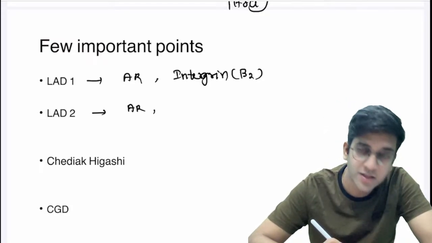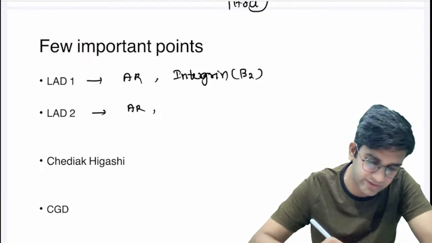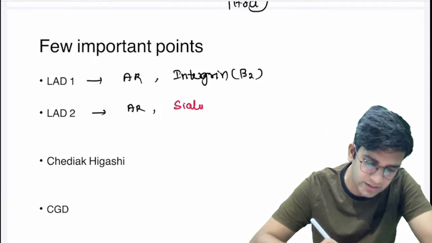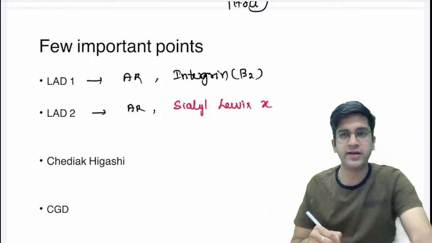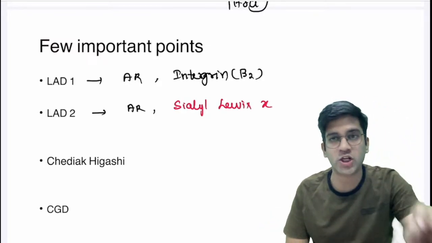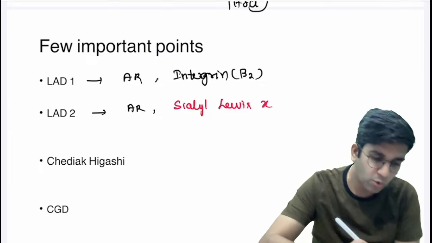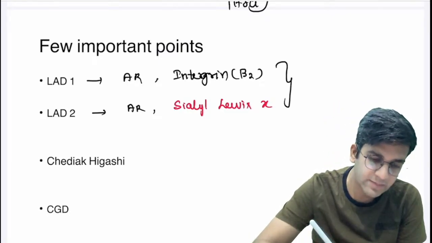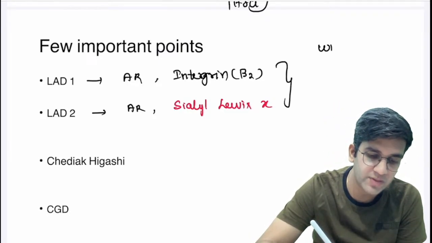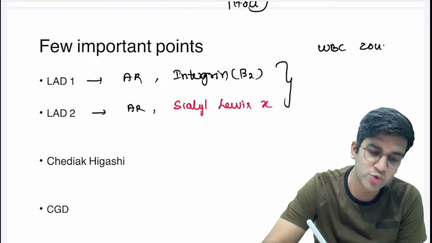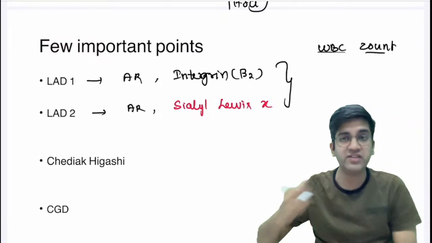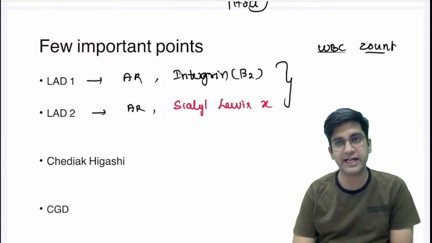LAD2, I have a defect in not selectin. I have a defect in sialyl Lewis X, not selectin. Perfect. Okay. Both of these, tell me what will be the WBC count, reduced or elevated? Again, this is a unique finding for both LAD1 and LAD2.